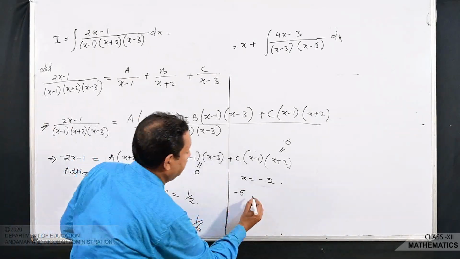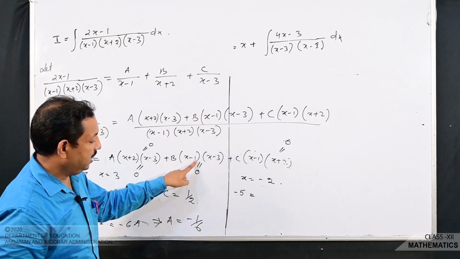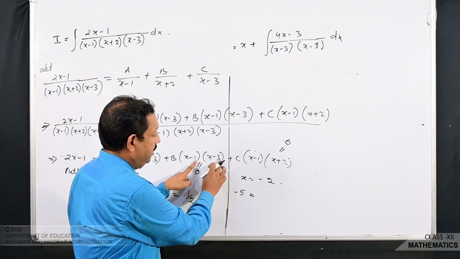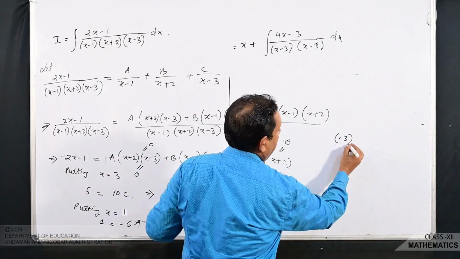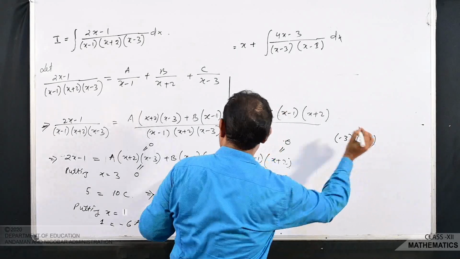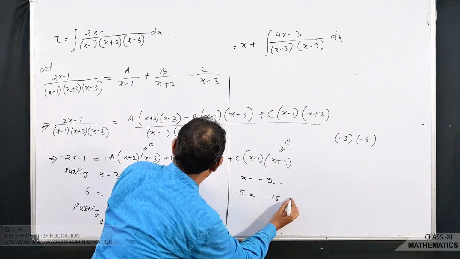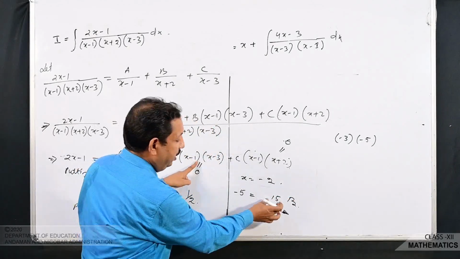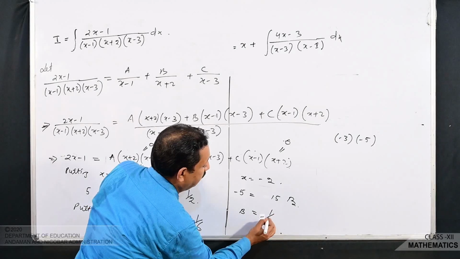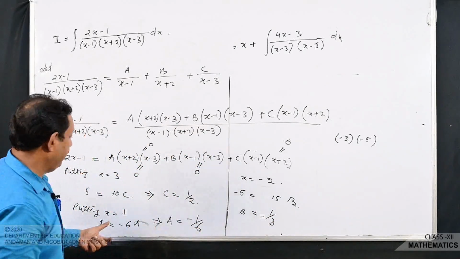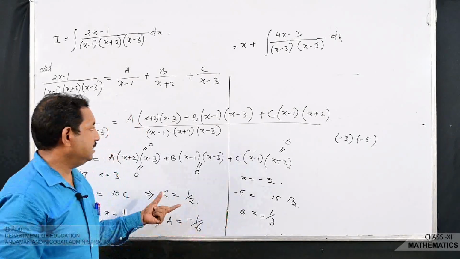And on the right-hand side, putting minus 2 here, that is minus 3 and minus 5. That means you will get 15 times B, and when you bring this 15 to the left-hand side, B will be minus 1 by 3.